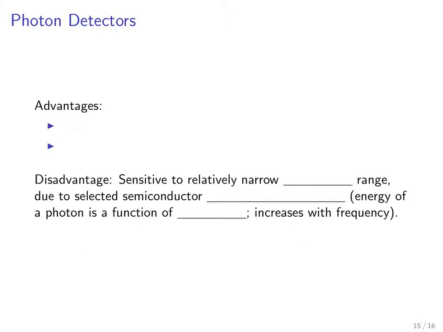Some of the advantages of photon detectors are, again, that they are fast, as we said before, and they also have a high detectivity, which is on the order of maybe about 10 to the 12th. So it's quite a high number.